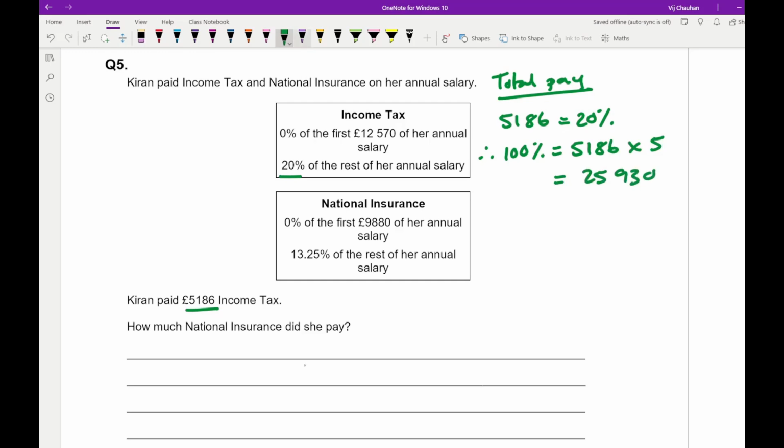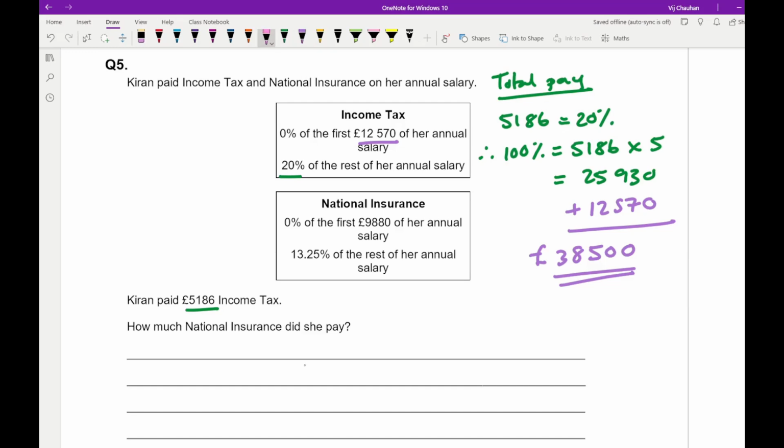Now for this we then need to add the amount that wasn't taxed, so we add 12,570 to that, giving Kieran an annual salary of £38,500.